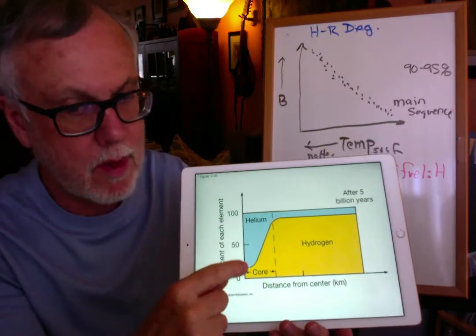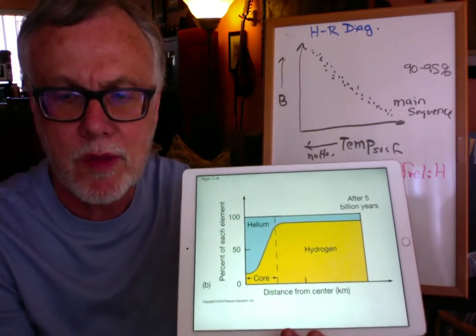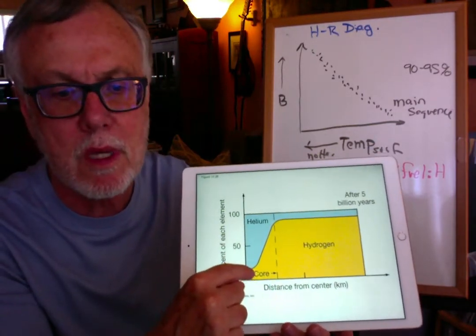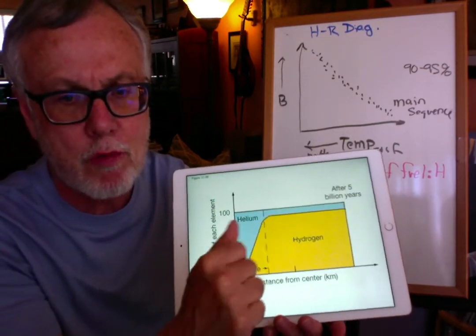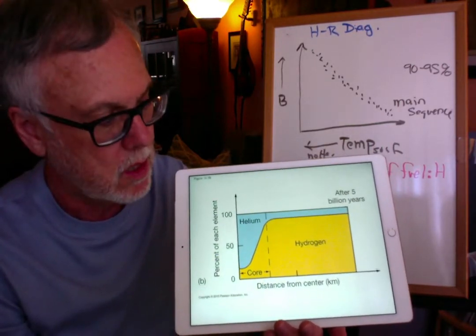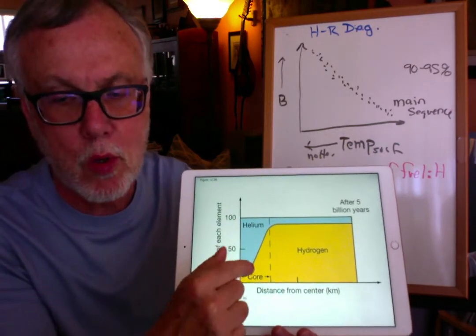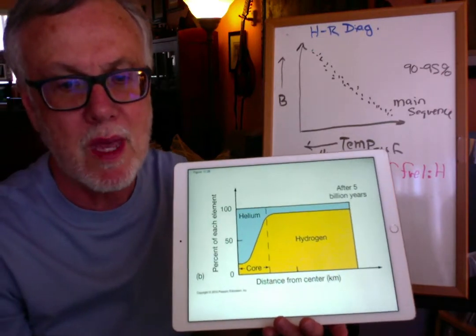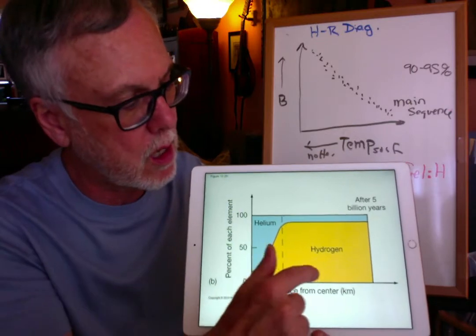And so about half the age of a star like ours, about 5 billion years, about the age of our sun, we see that the concentration of helium is increasing dramatically within the core. Not so much on the outer part, though, is there? But there's still a sufficient amount of hydrogen in the core that it's still performing as we expect it to perform. That is, it is still a normal main sequence star.